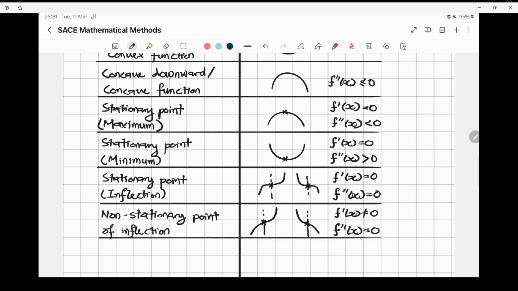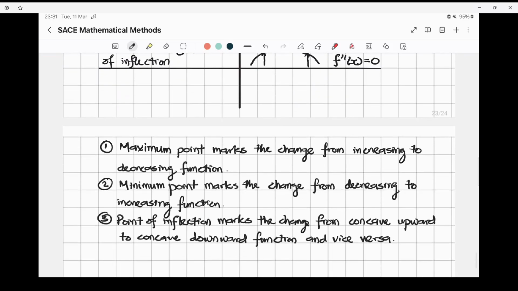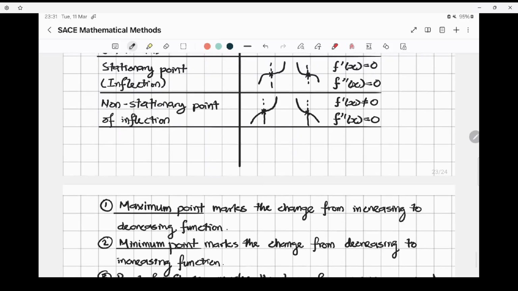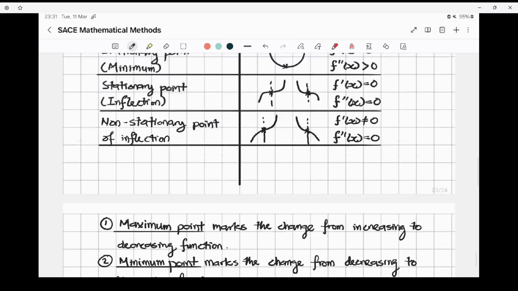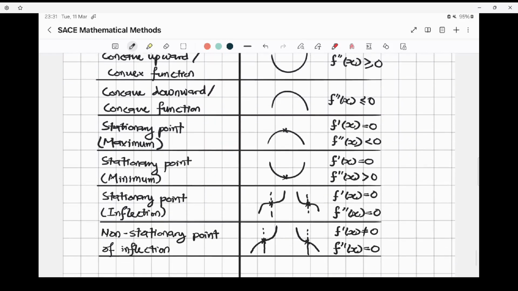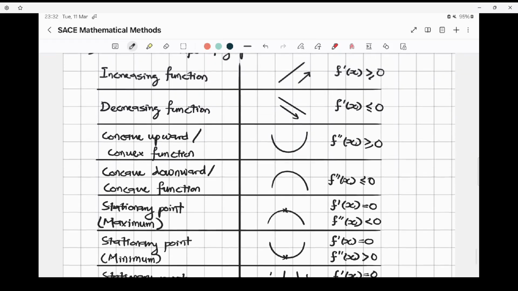The name stationary means that your f prime x equals 0, which is why just now I specified that it has to be either a maximum point or a minimum point. Whereas a point of inflection always marks the change from a concave upward to a concave downward function and vice versa. So these are the three properties that you need to know, and you can deduce them from the diagrams that I drew.